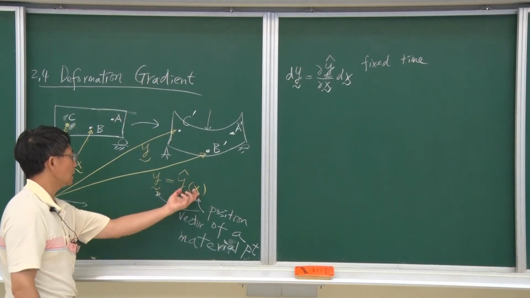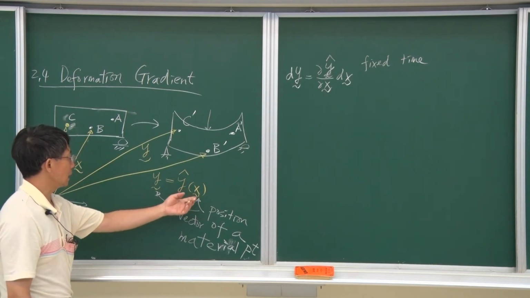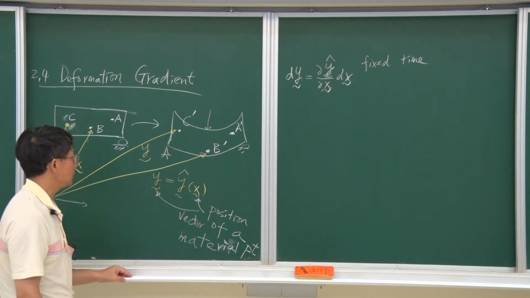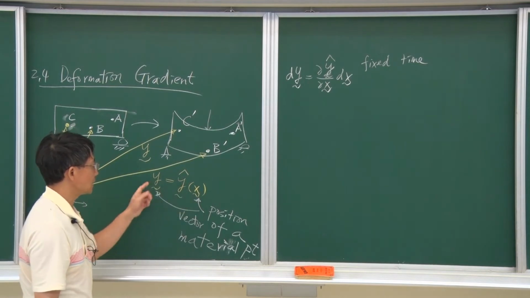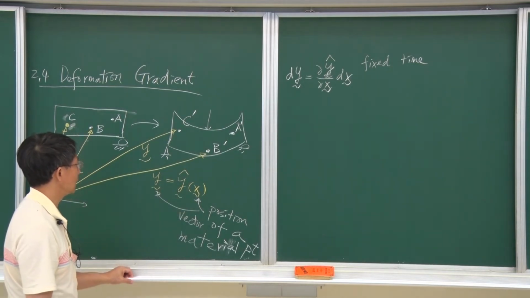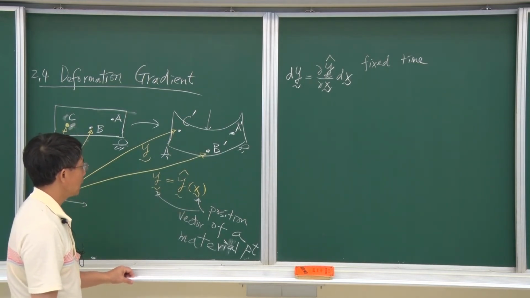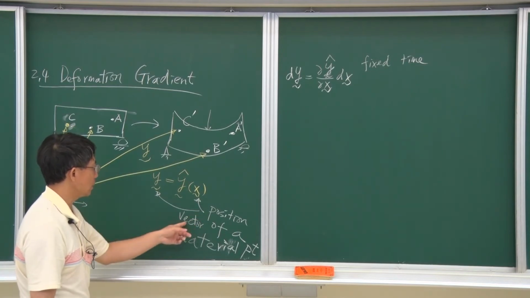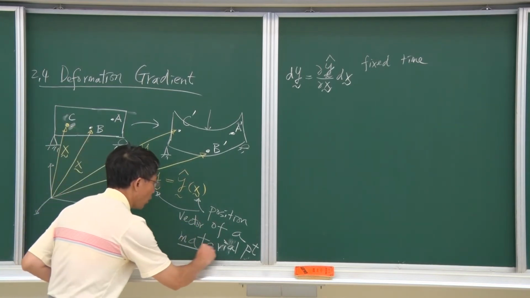These are the position vectors of the material point before and after the deformation. Okay, here this position vector are for the material point.